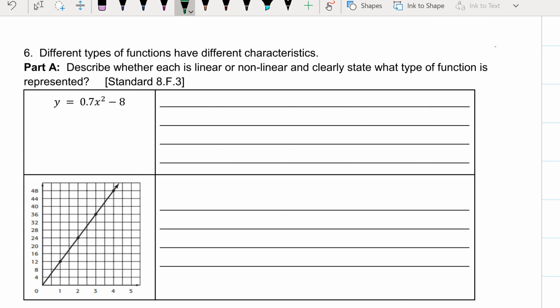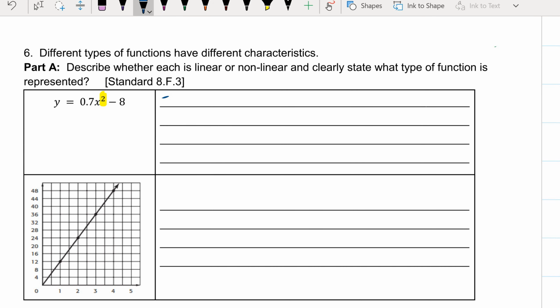First of all, a linear function has a power no more than 1, and a linear function is a straight line. Based on the problem they give us, this one has x squared, so it's not a linear function because of the square. This is called a quadratic function.